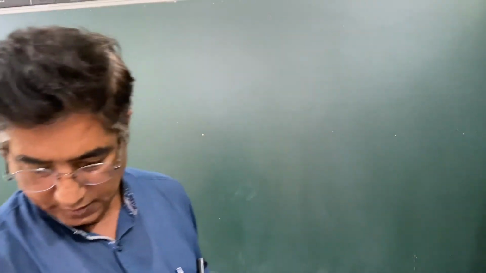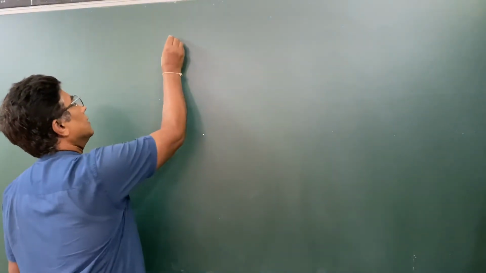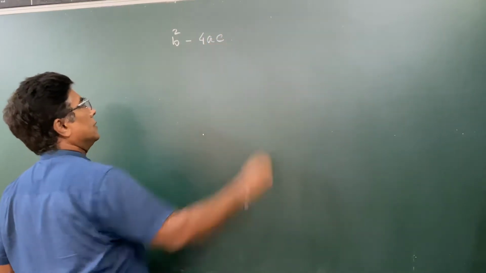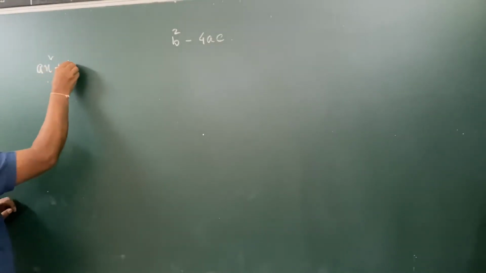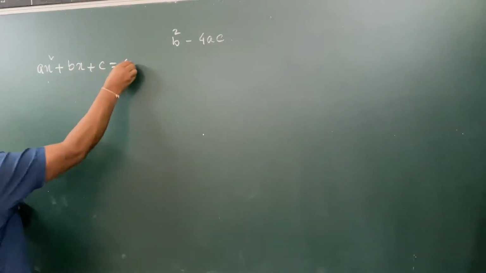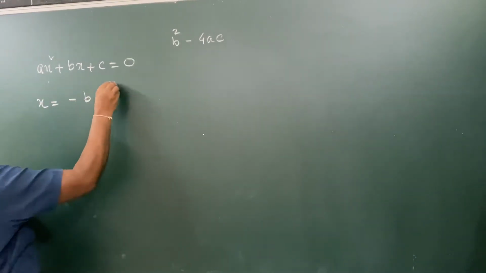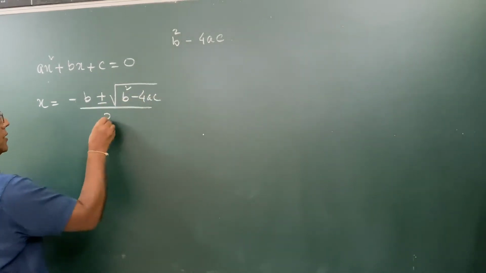And with the last part of your quadratic equation, it's regarding the nature of the roots. By now you know that b square minus 4ac, your x, if ax square plus bx plus c is 0, is x equals minus b plus or minus square root of b square minus 4ac, divided by 2a.